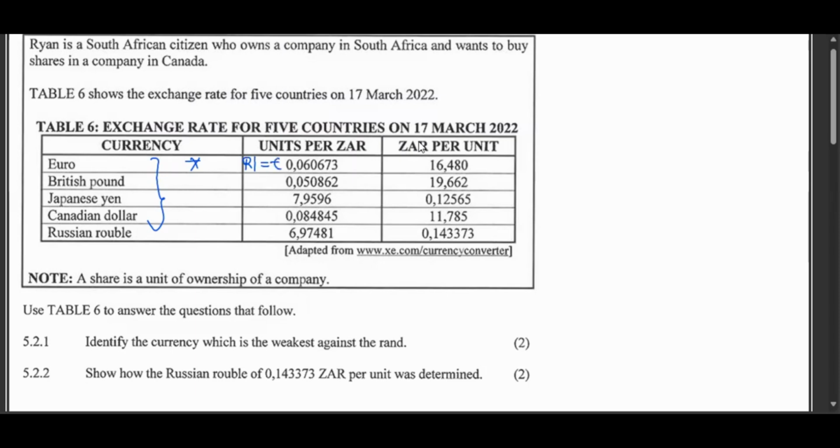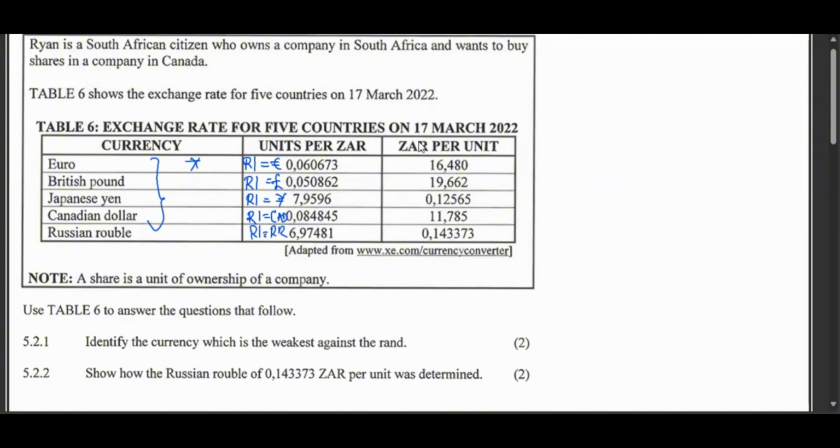These are euros for 1 rand, these are pounds for 1 rand, these are Japanese yen for 1 rand, here we have the Canadian dollar for 1 rand, and for 1 rand we have the Russian rubles.